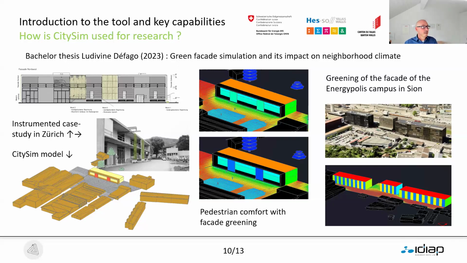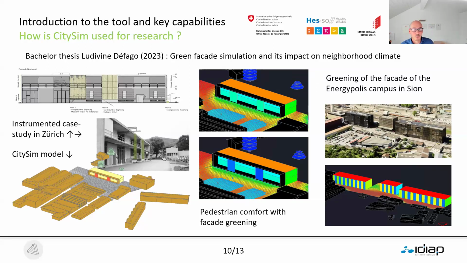And we studied the pedestrian comfort here under facade greening. So we tried to put some greenery on the facade of the building and see the impact on pedestrian comfort, of course, with the temperature that you can feel being a little bit cooler thanks to the greenery.